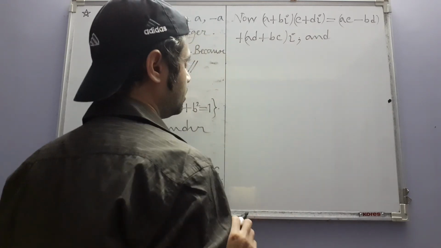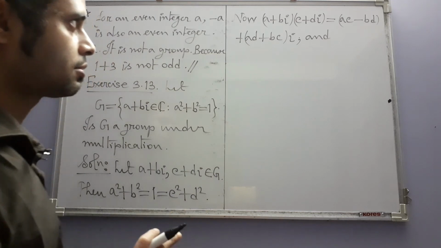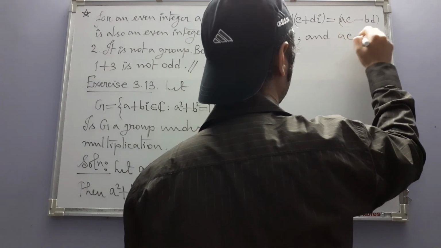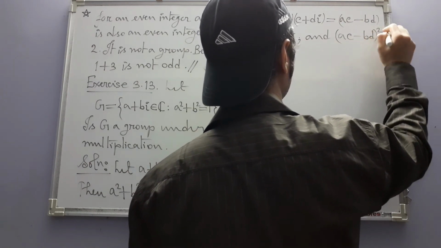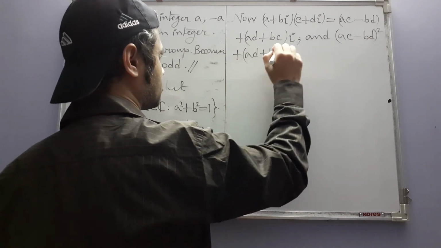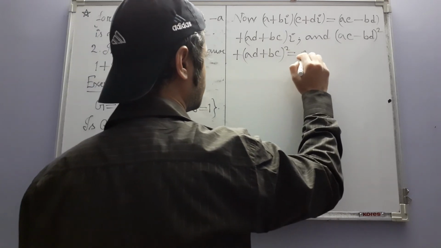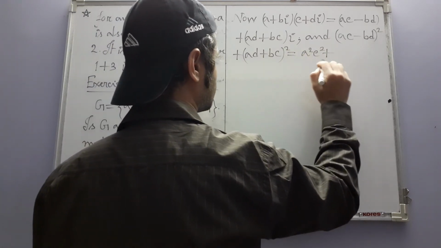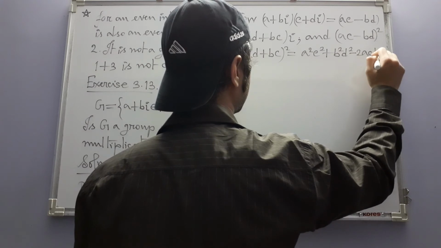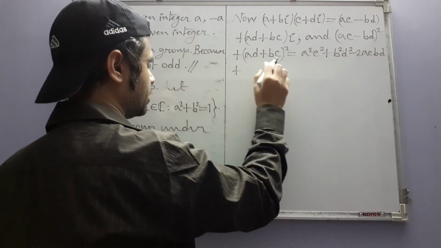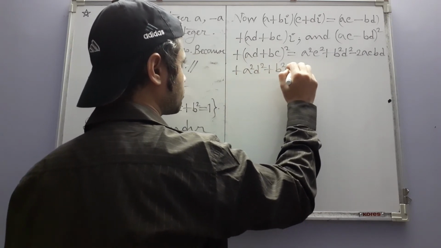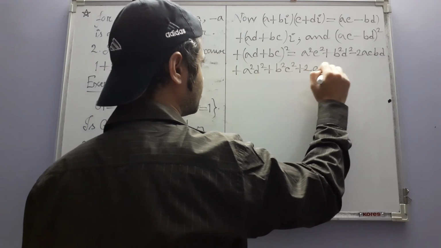And now what happens if we take the sum of the squares of the real and imaginary part of this product? Then it becomes a square c square plus b square d square minus 2acbd plus, if we expand this one, a square d square plus b square c square plus 2 ad bc.